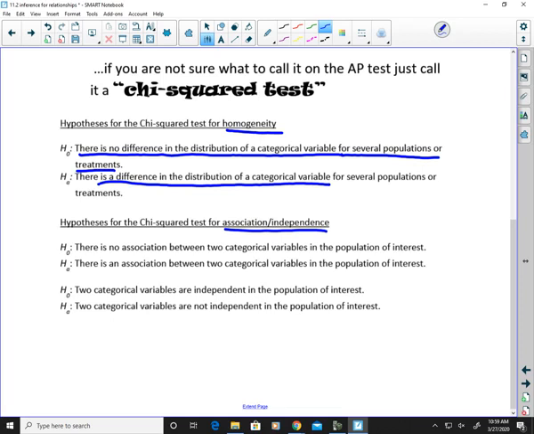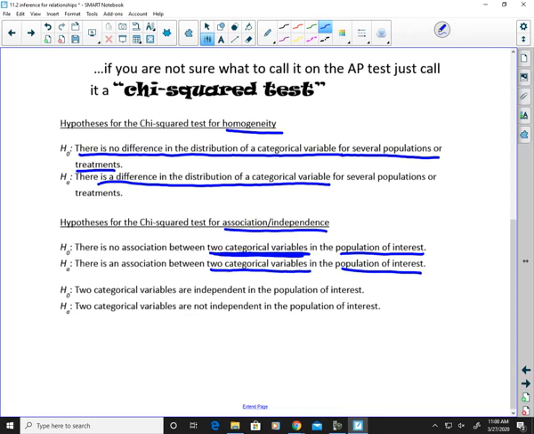Then what I've done is I have two things I'm measuring about my one population, and I am looking at whether there is an association between gender and heart attacks for people. That's how I would reword that. The null is there is no association. And then the alternative is there is an association between gender and heart attack rates in people, keeping it in context.